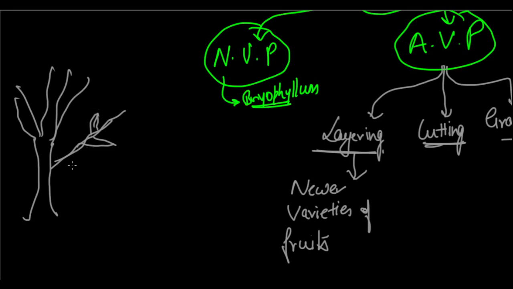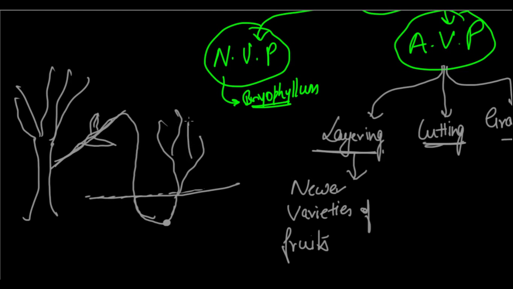What we do is we take this branch and somewhat submerge it in the soil, right? We submerge it in the soil and a point comes where it is put through the soil and it grows further into a newer plant, right?